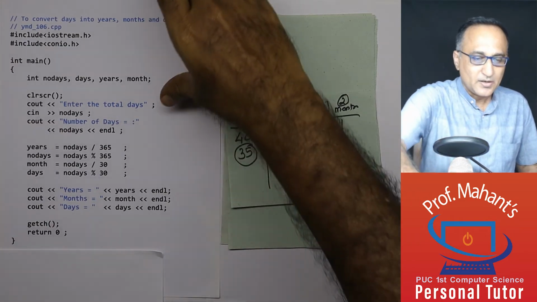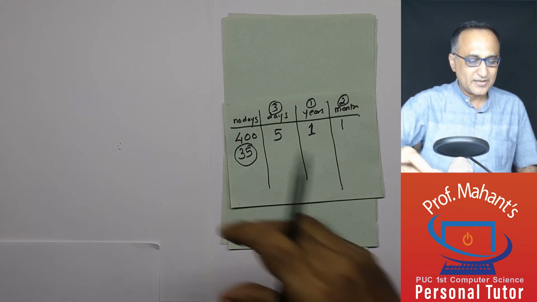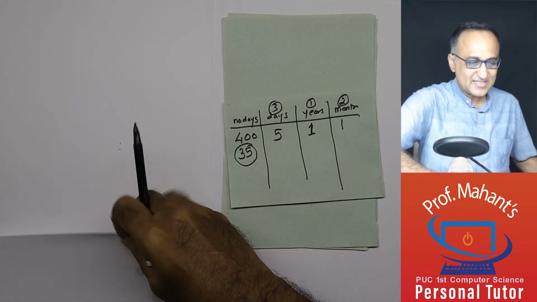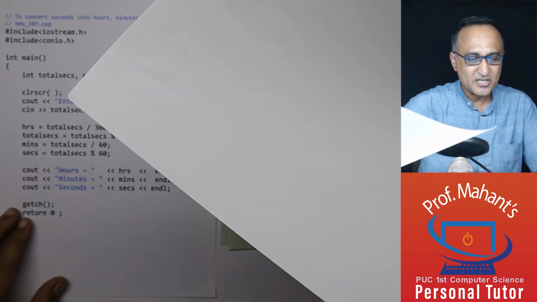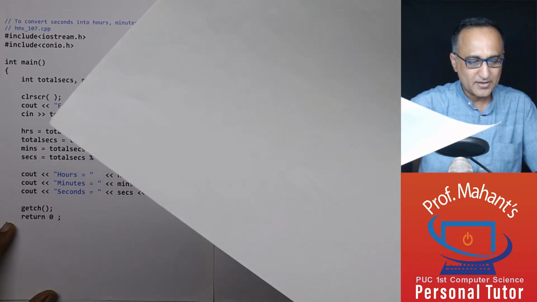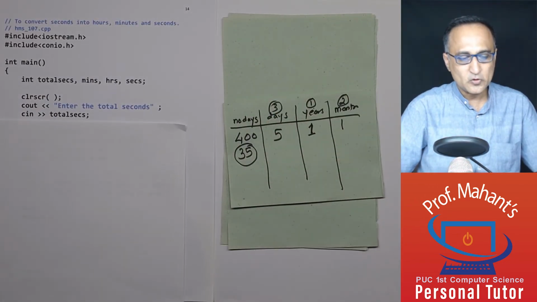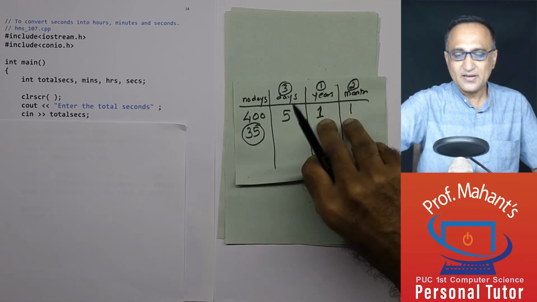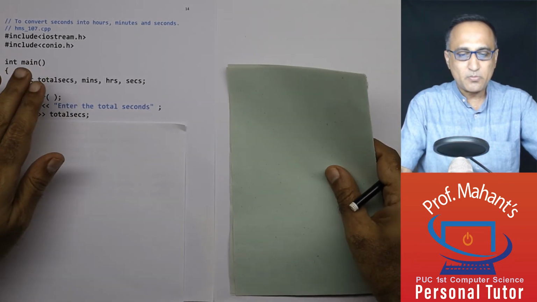Now we will do something along the same lines. Given the total number of seconds, we will try to convert it into hours, minutes and seconds. Let us first understand what the problem is asking us.